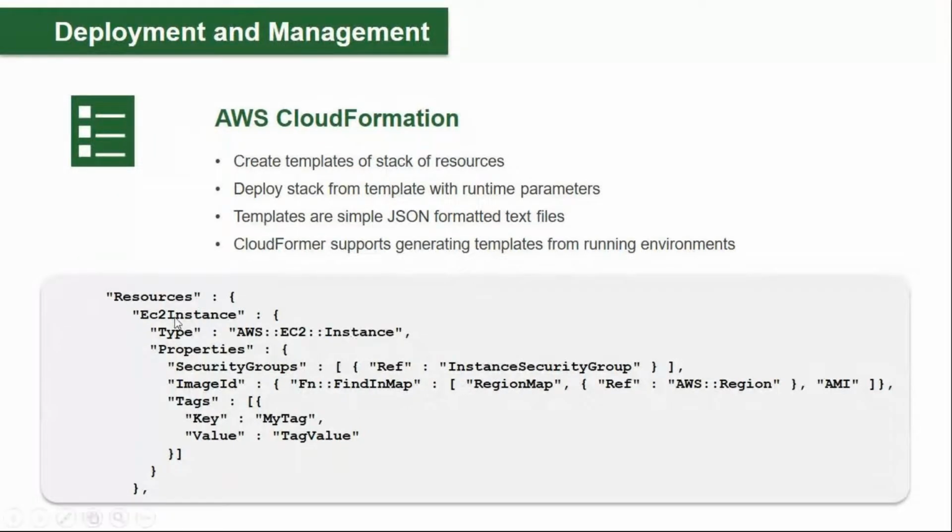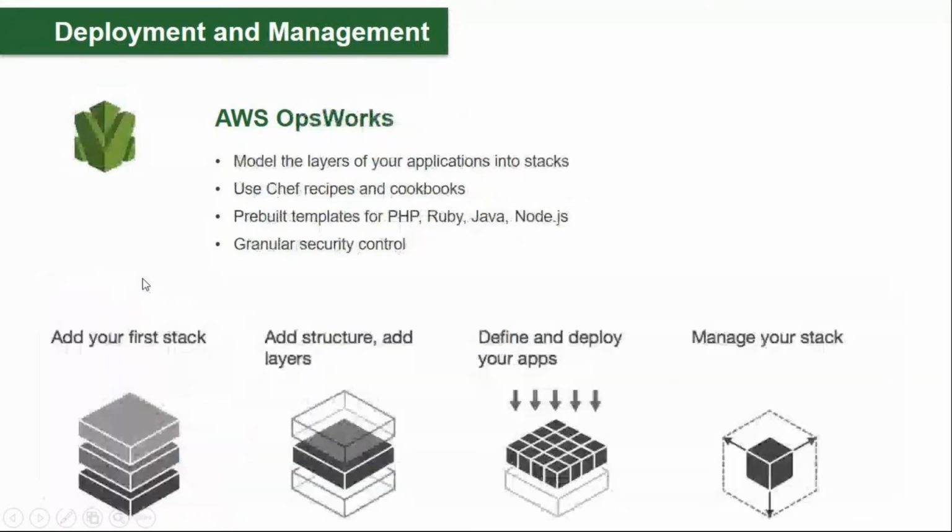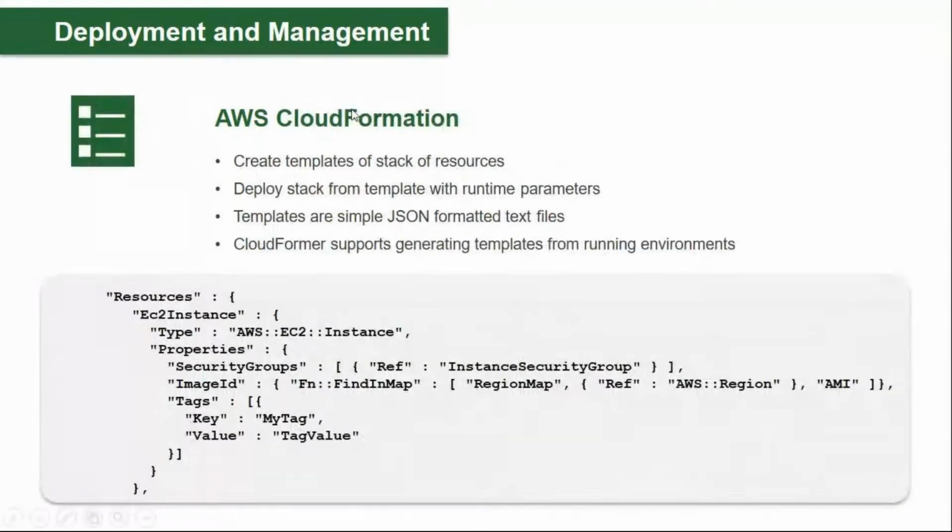Whatever requirement you have written there, it will create a security group and an EC2 instance with a single script. CloudFormation will run your script, written in JSON format, and create the infrastructure within a minute. For example, if you want to deploy 100 virtual machines, then with this script we can deploy those 100 virtual machines within 2 minutes.